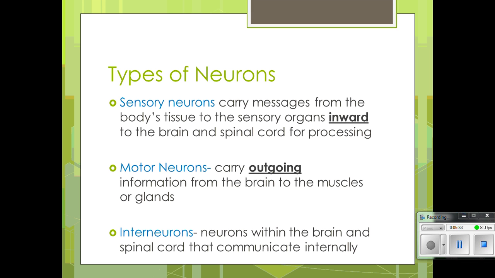And might have your leg reflex move away from the tack or pull away from what you just stepped at. So these are messages that are outgoing from the brain to the muscles or the glands. So make sure you're able to define each of these and make sure you can give an example of how they're used.